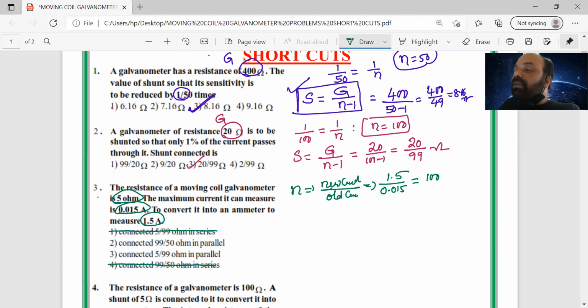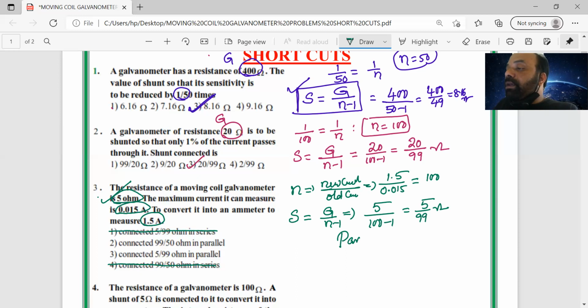Again we can use the formula for shunt resistance S is equals to G by n minus 1. G value here is 5 ohms. So 5 by 100 minus 1, it becomes 5 by 99 ohms. How are we connecting? Ammeter means parallel. So first we can eliminate the options. We want the answer in terms of parallel. Okay guys, now see the next one.